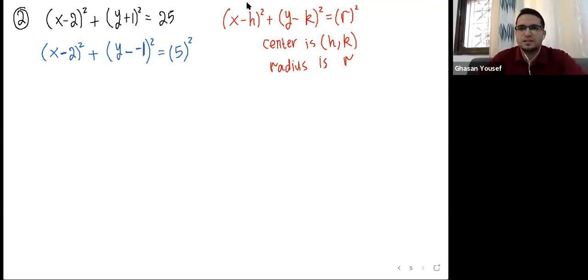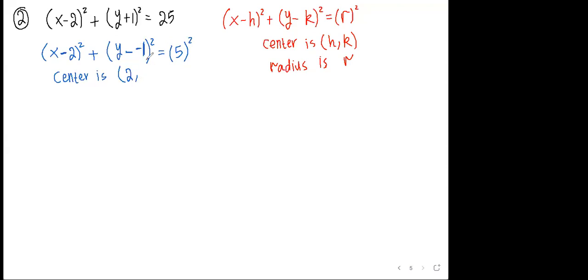So what is the center of this equation? Yes, 2. 2 and what? 2 and negative 1. Exactly. You said we flip this one.